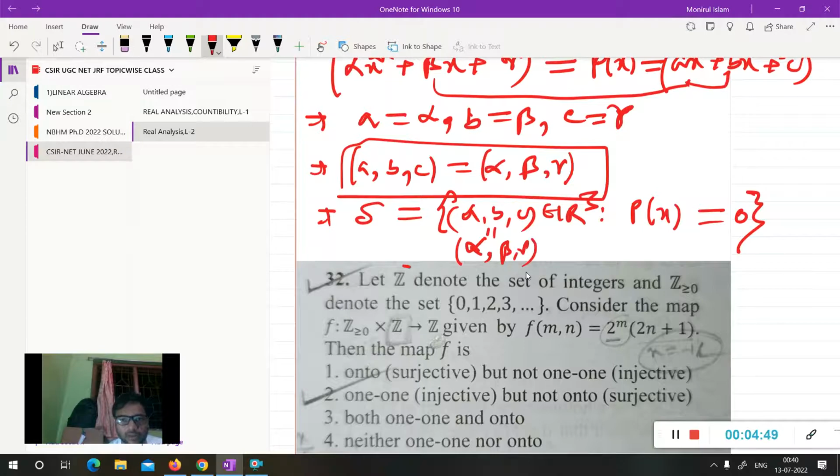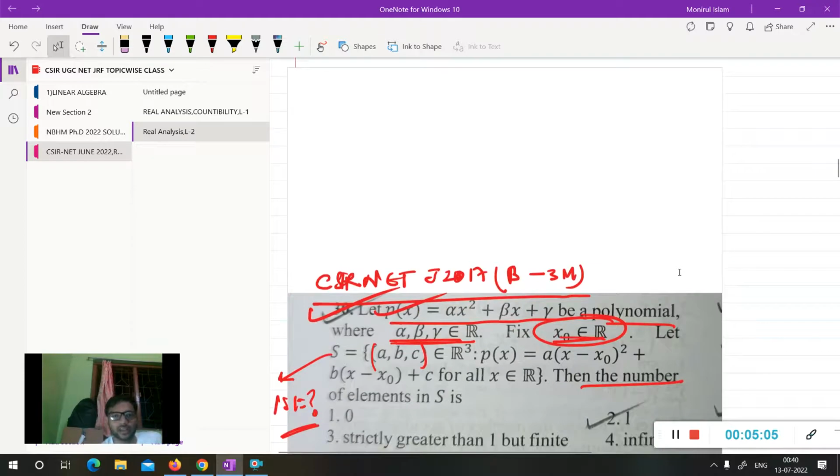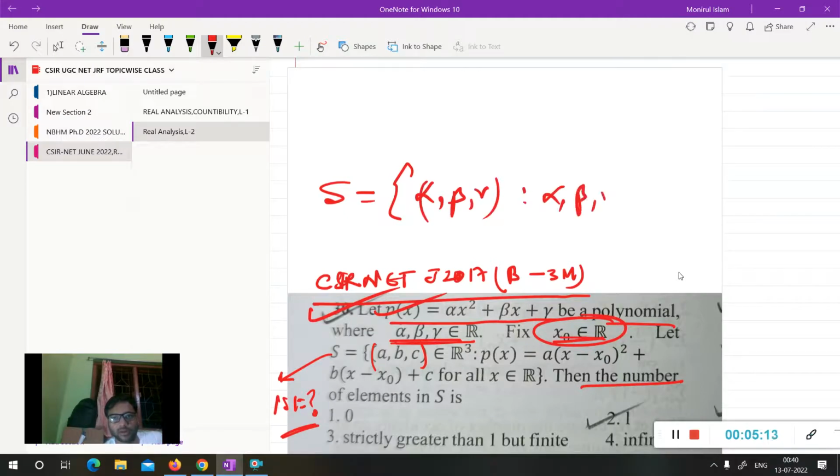So you can rewrite the set S as the set of ordered triples (alpha, beta, gamma) in R cube such that alpha, beta belong to R.